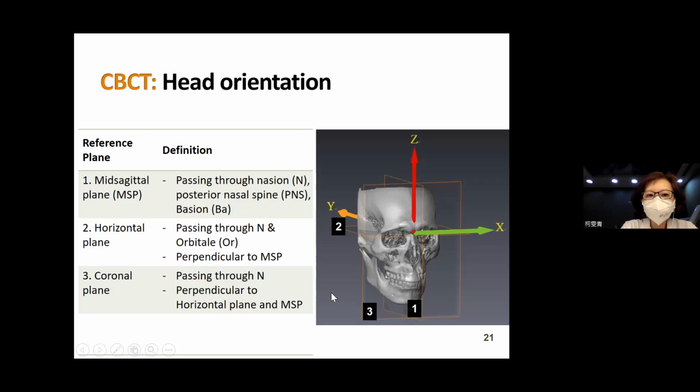So the midline will not stay the same. Also, some of the patients have head orientation issues. So how do you correct for these variables and factors in individual patients?